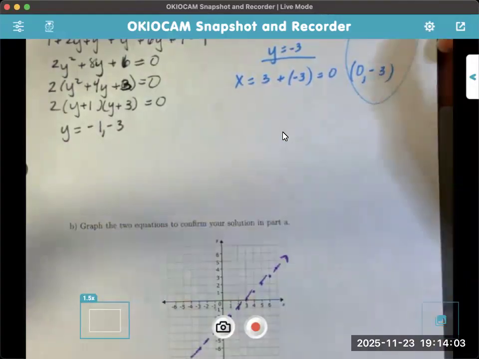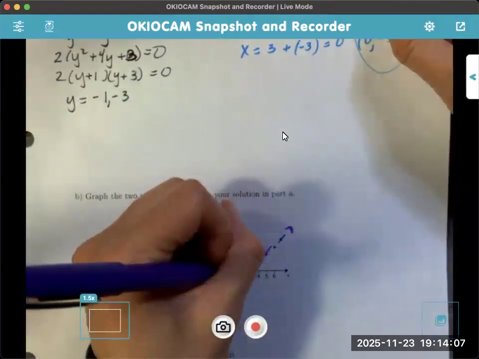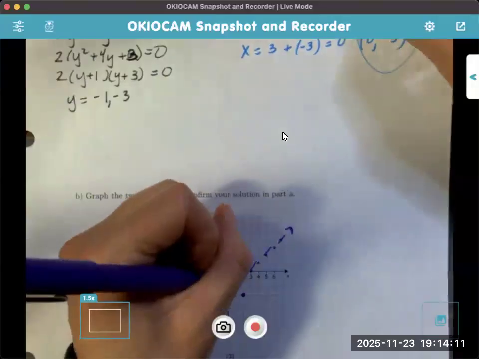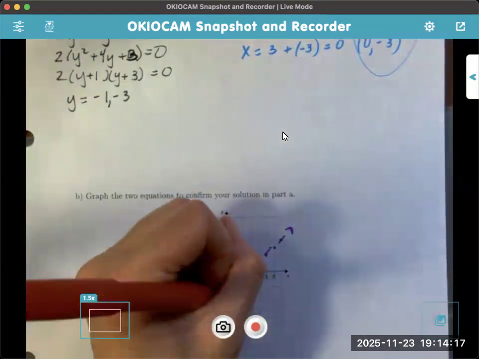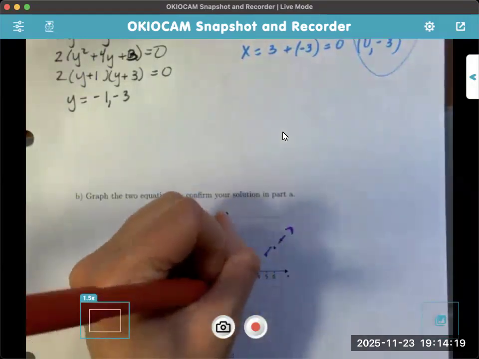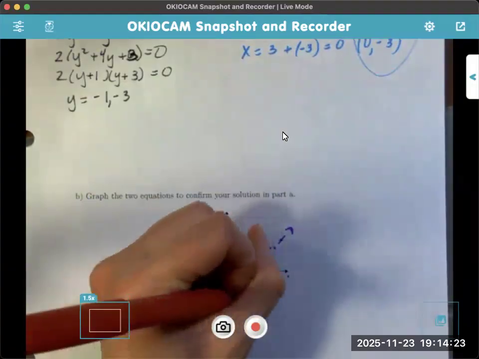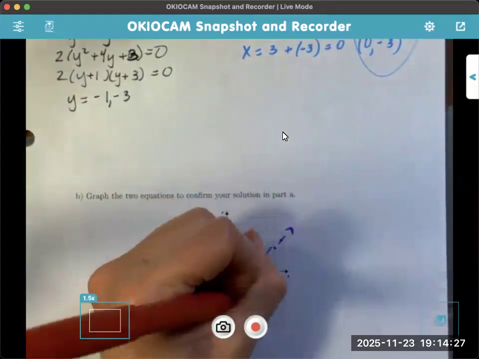dots. We have a center at 2, -3 and a radius of 2. Let me change colors for visual effect. So up 2, down 2, up 2, down 2, left 2, right 2, and then just combine, right?